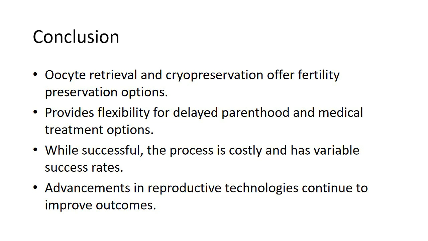Risks include OHSS, procedure-related complications, and uncertain future pregnancy outcomes. Ethical considerations: informed decision-making and affordability are key concerns. Final thought: oocyte retrieval and cryopreservation provide fertility options for those facing medical or personal challenges, but success depends on age, ovarian reserve, and technological advancements.